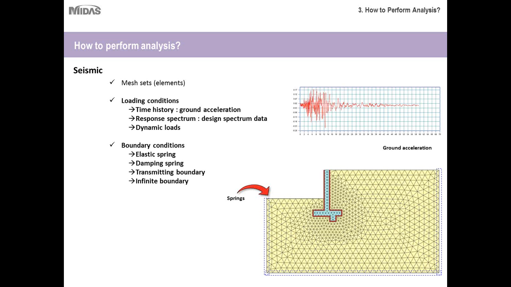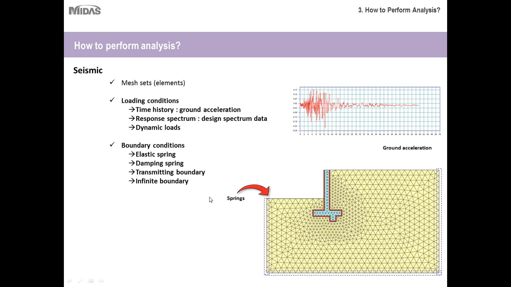There are some good software available where you can just select the boundaries and tell the program that I want to do a seismic analysis, so please generate the surface springs for ground. The program can automatically generate those springs for you.